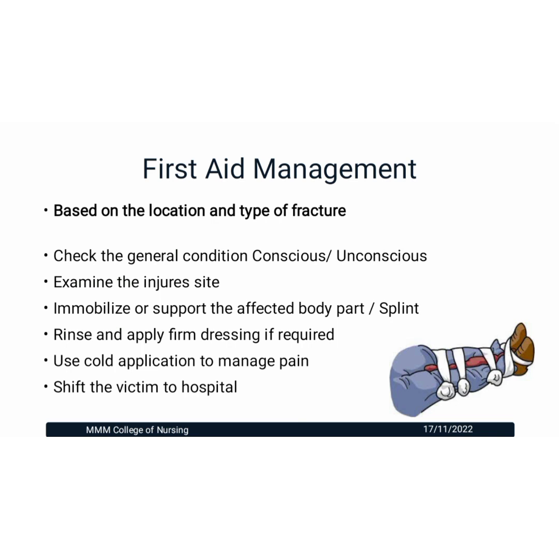Immobilize or support the affected body part with an adequately padded splint and dressing. Rinse and apply a firm dressing if needed, especially in case of open fracture. Use cold application to minimize the pain for the victim, and shift the patient to the hospital as early as possible.